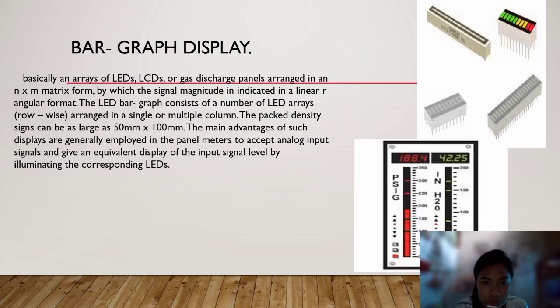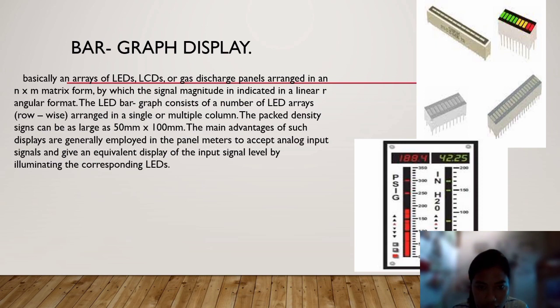Bar graph display. Basically, the bar graph display is an array of LEDs or LCD or gas discharge panels arranged in an N by M matrix form, by which the signal's magnitude is indicated in a linear or rectangular format. The LED bar graph consists of a number of LED arrays, row-wise, arranged in a single or multiple columns.